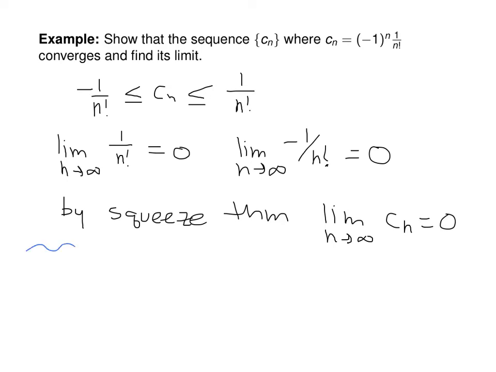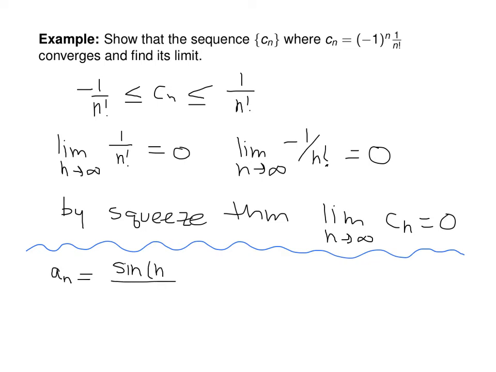Now, this squeeze theorem can also come up when you have sines and cosines. Suppose, for example, you had a sequence a sub n where the nth term was given by sine of n pi over 2 over n squared.